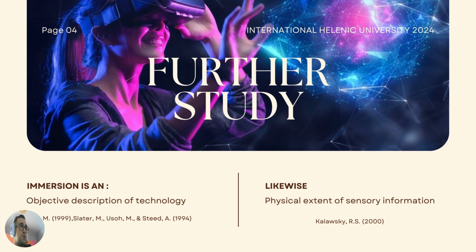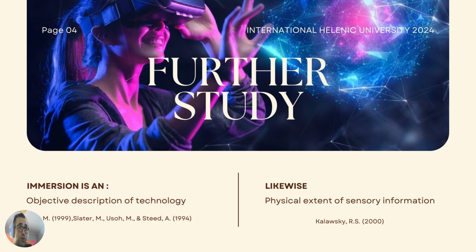Immersion is an objective description of technology. And likewise, we can say that it's a physical extent of the sensory information. So immersion is one of the terms which have gained prominence nowadays, as we said before, and established their dominance in the vocabulary, and is often equated to realism, naturalness, presence, and the sense of being surrounded, which has made immersion an excessively vague and all-inclusive concept.